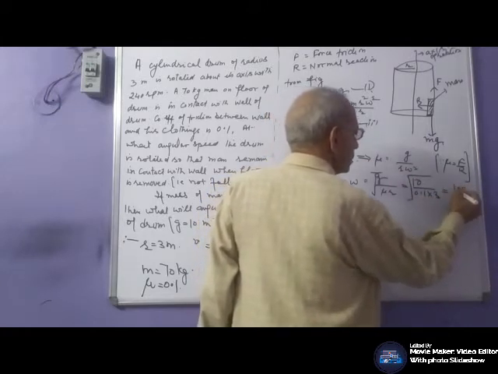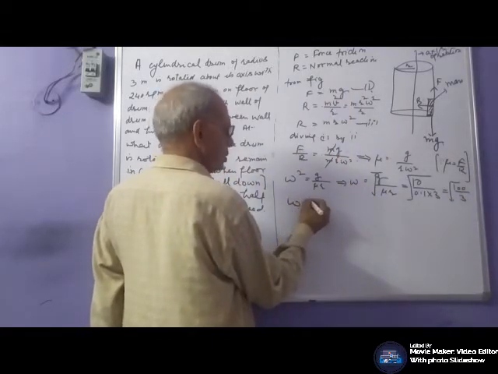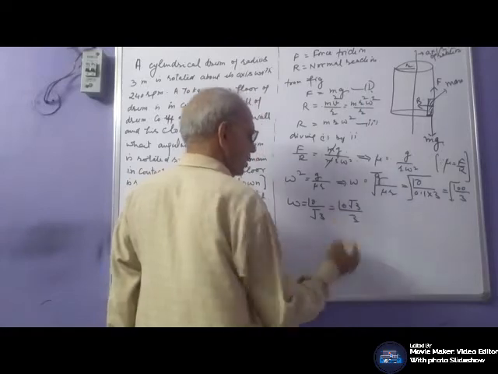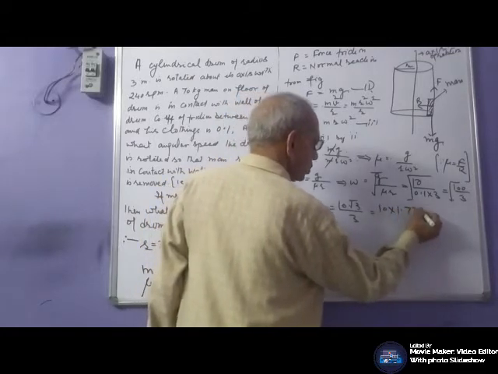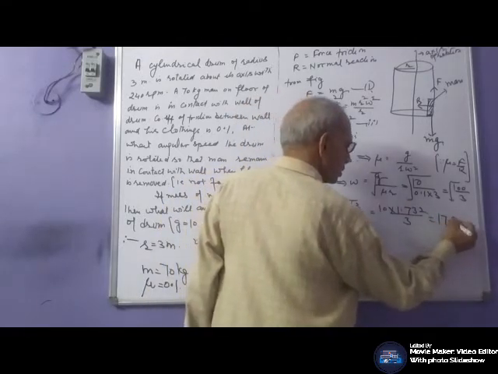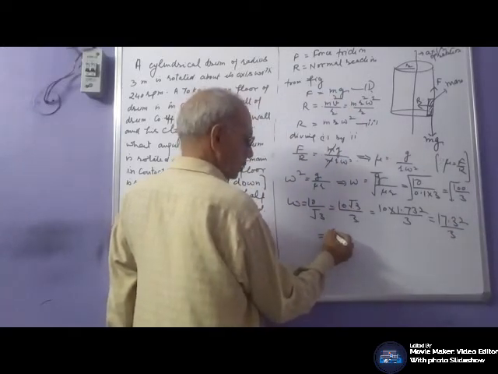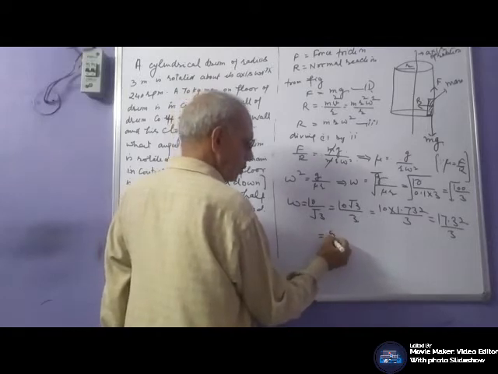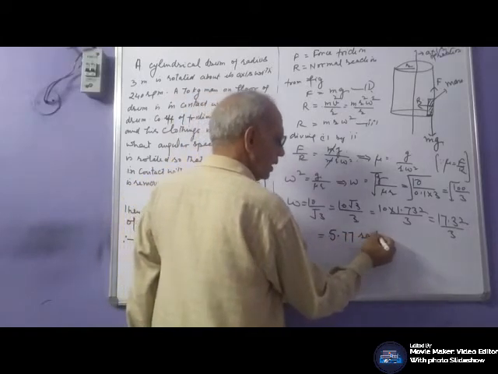It is 100 by 3 under the root, or omega is 10 by root 3. 10 multiplied by root 3 divided by 3, which is 10 into 1.732 by 3, that is 17.32 by 3, in radian per second.